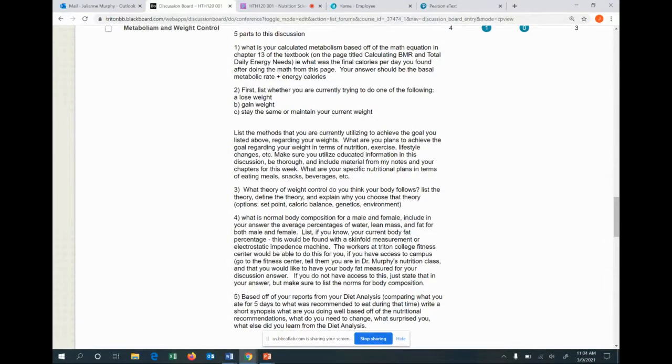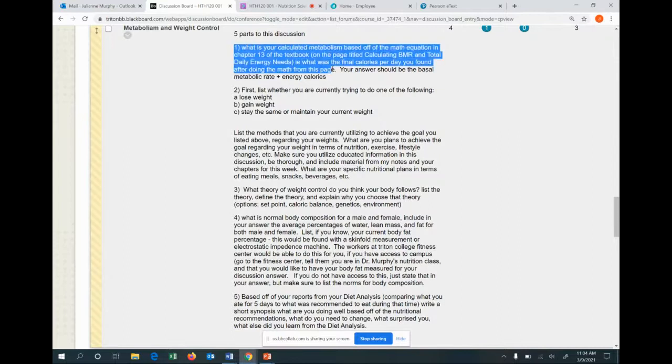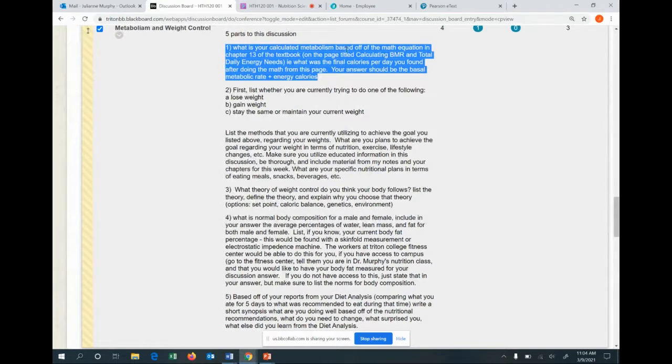That's just the calories to stay alive. Remember, we need 3 parts to a total metabolism. Make sure your answer for part 1 of the discussion is your total metabolism. So add your BMR plus activity or energy needs plus thermic effect of food. Does anyone have questions on how to find your total metabolism?